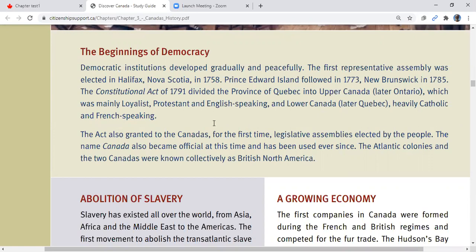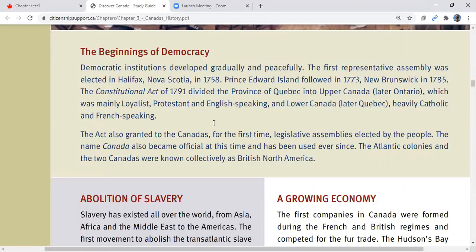The name Canada also became official at this time and has been used ever since.